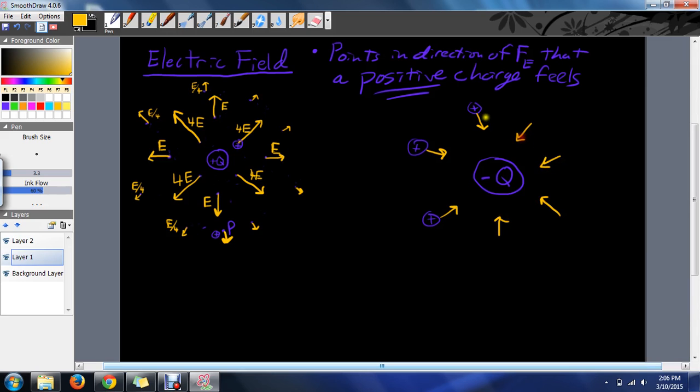So the electric field at any point in space goes inward. Of course, the farther away you are, it'll be E over 4 if it's twice as far away, because the force is a fourth as large. So the field is the force, and if you're twice as close, it'll be 4 times as large. These will be really large. Oops, that angle was off.